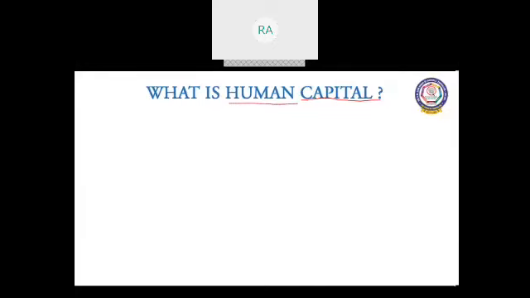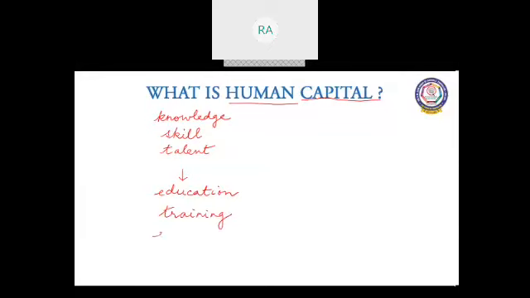Human capital refers to the knowledge, skill, talent that people possess through education, training, and experience.